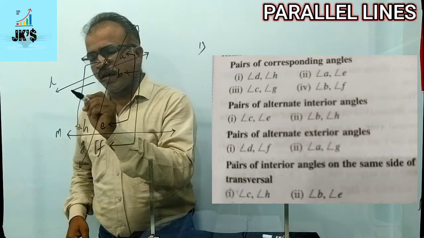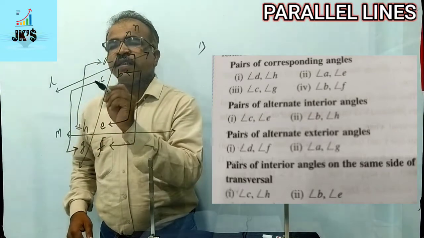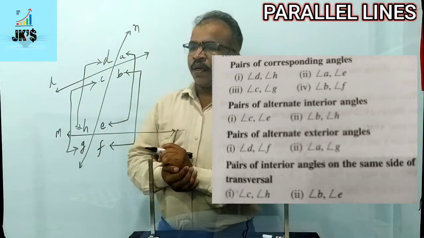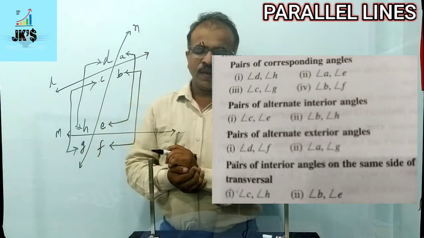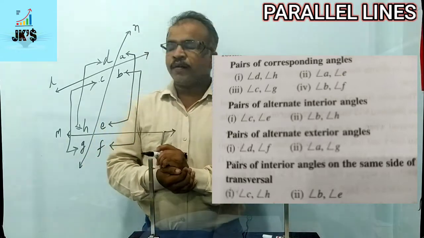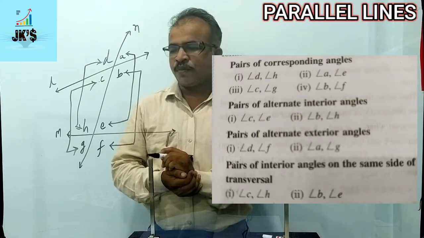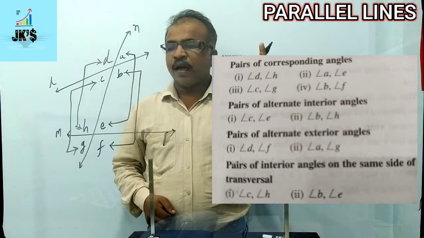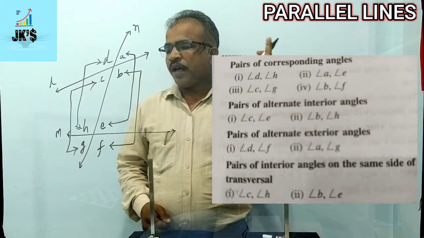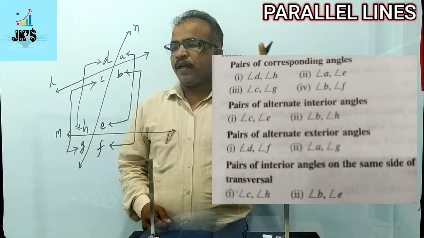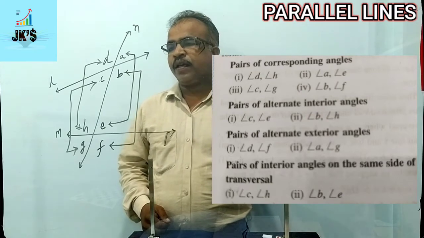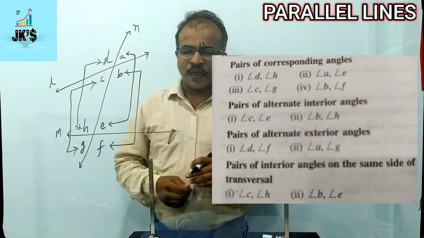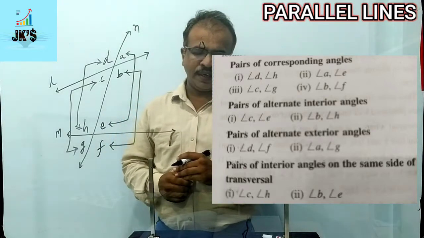Similarly, on the opposite side, angle C and angle G are a pair of corresponding angles. In this way, there are 4 pairs of corresponding angles: angle D and angle H, angle C and angle G, angle A and angle E, and angle B and angle F. Okay, these are the pairs of corresponding angles.